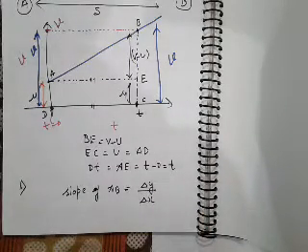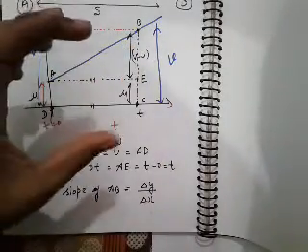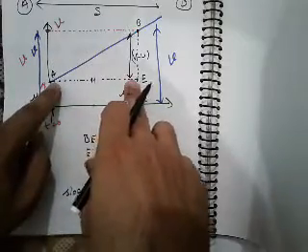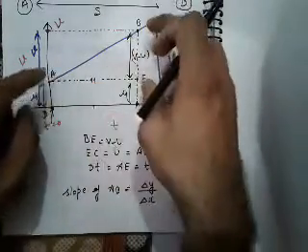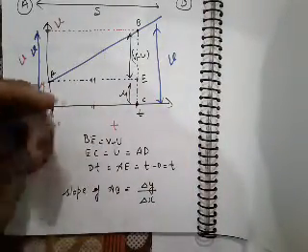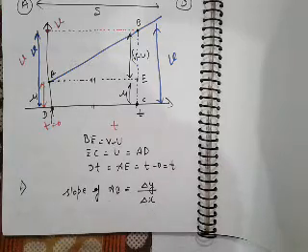It is the ratio of the change along the y-axis to the change along the x-axis. Delta y upon delta x gives the slope of that section.